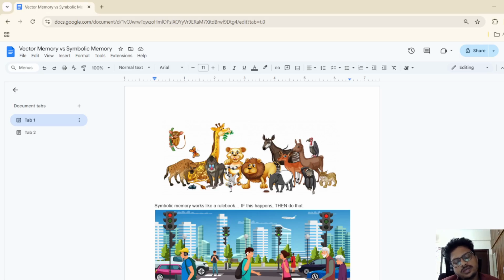By traffic also, if you see in the picture, there are people crossing the zebra lines. How are they crossing? This is the rule.